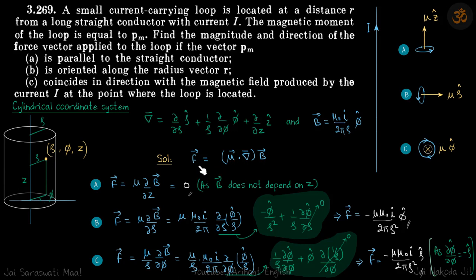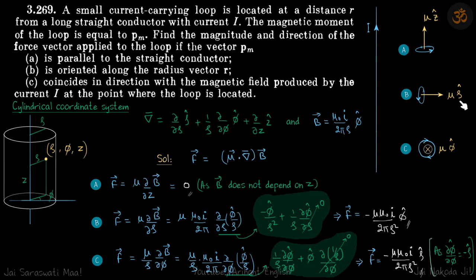Here we are not going to derive this, but the force on a loop which has a magnetic moment mu is given by mu dot del operator on B. So if you do mu dot del here, mu in the first case is mu z cap, in the direction of z.